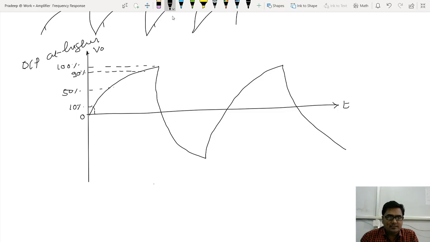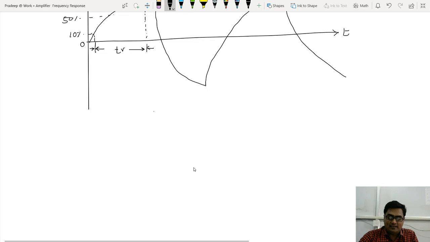Now, what is the 10% level? This is the 10% level. What is the 90% level? The 90% level is this much. So the time it takes to increase from 10 to 90%, that time is called rise time. It is denoted by TR.